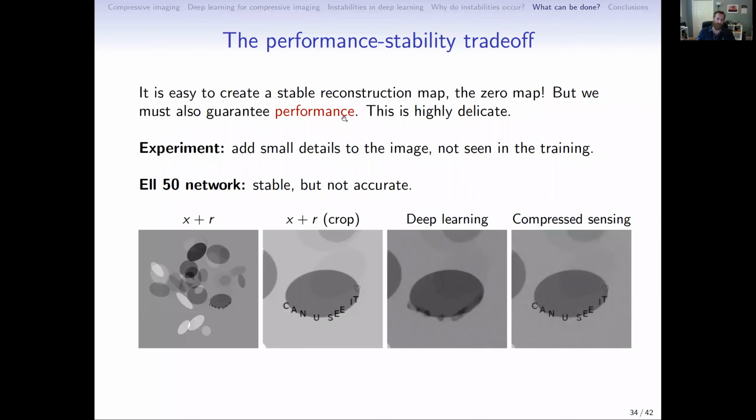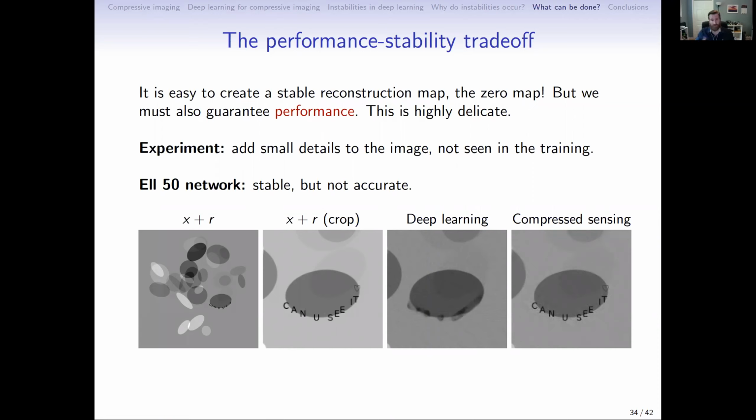Obviously, it's very easy to come up with a completely stable mapping. The zero map is a perfectly stable reconstruction map. But of course, we want to guarantee performance. We want high accuracy in our recovered images. And as one can imagine, there's a trade-off between performance and stability.